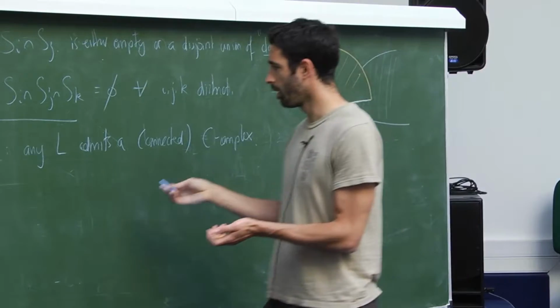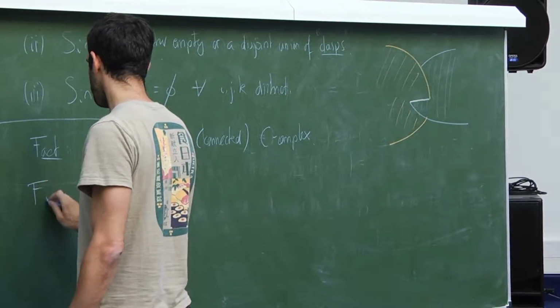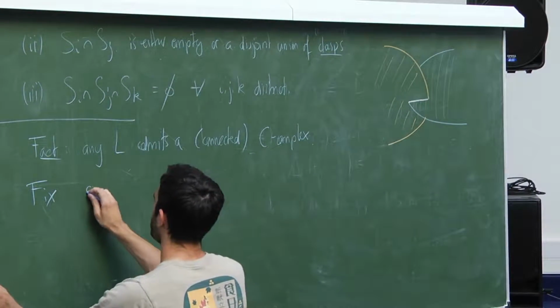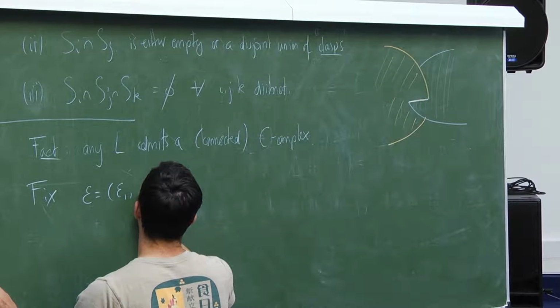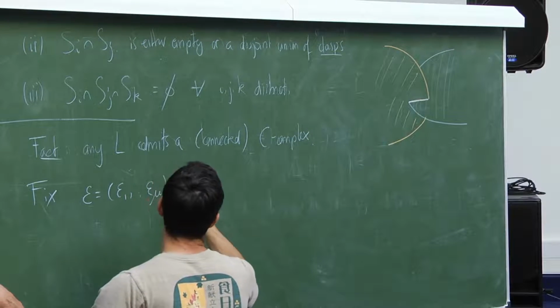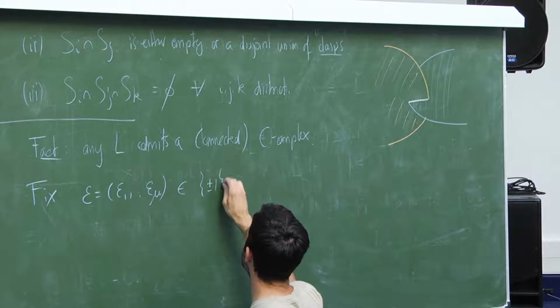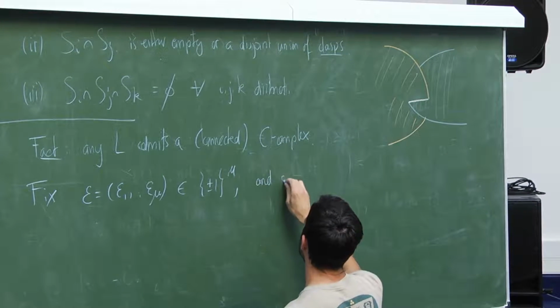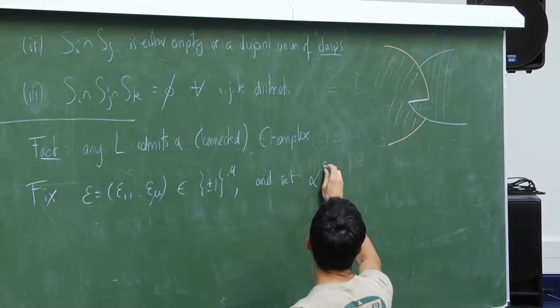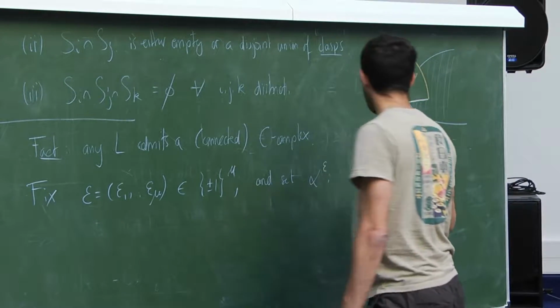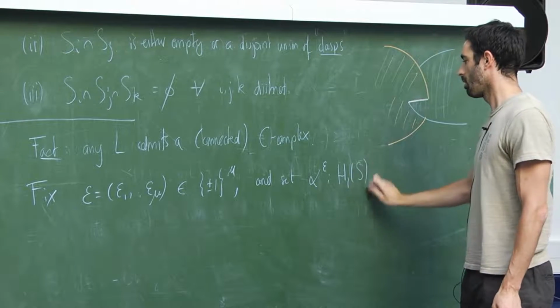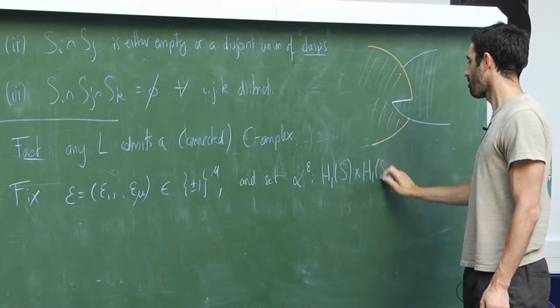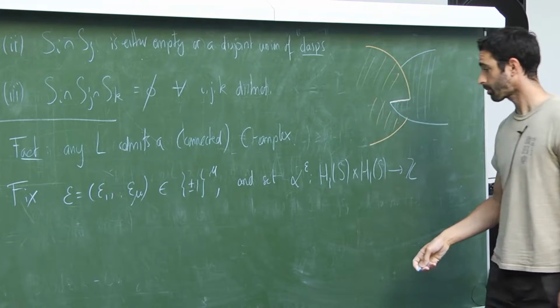So what we're going to do now is fix epsilon, which will be mu signs, and consider, I'm going to write it by alpha epsilon, a bilinear form on the homology of the C complex.